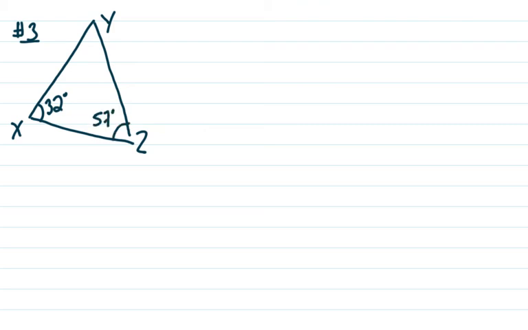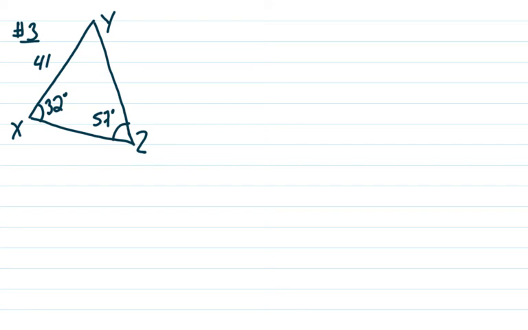So let's start with the diagram. X, Y, Z. Angle X is 32 degrees. Angle Z is 57 degrees. And XY is 41. Let's label the side lengths with the lowercase letters.